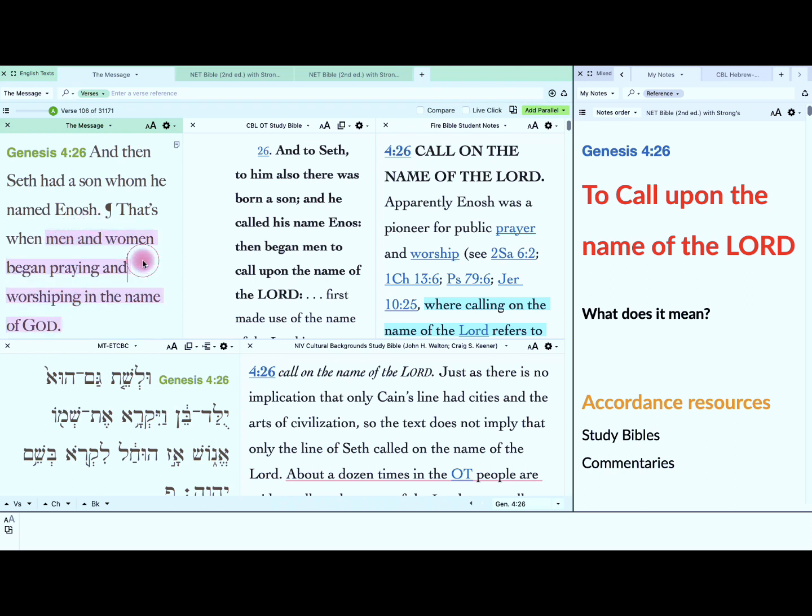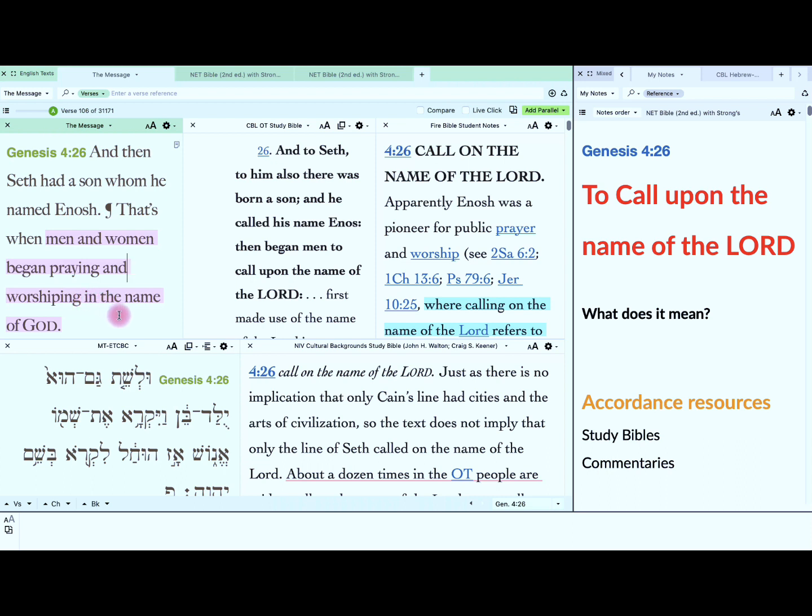I'm going to highlight it because throughout the study, we're going to get to this conclusion that calling upon the name of the Lord means praying, singing to the Lord, worshiping in the name of God.